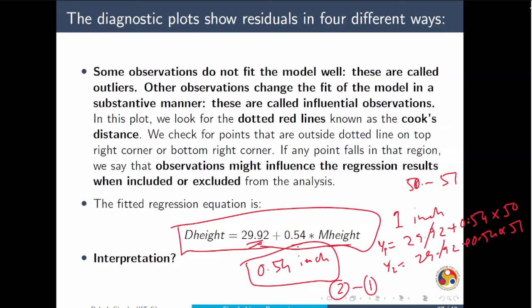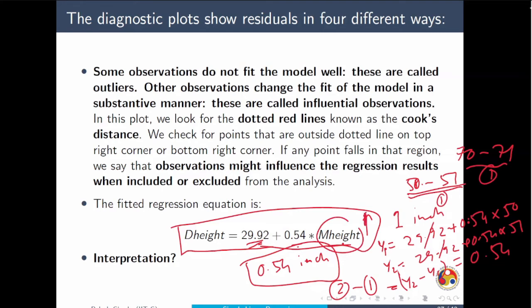So y2 minus y1 is basically 0.54. Again, I am repeating, if mother height increases by 1 unit, the interpretation of 50 to 51 is the same as 70 to 71. It doesn't matter which one. If the mother height increases 1 unit, I will expect on average the daughter height will increase 0.54 unit. That's all. If you have nonlinear models, then this change will depend on where you are changing 1 unit, but in linear regression that does not matter.